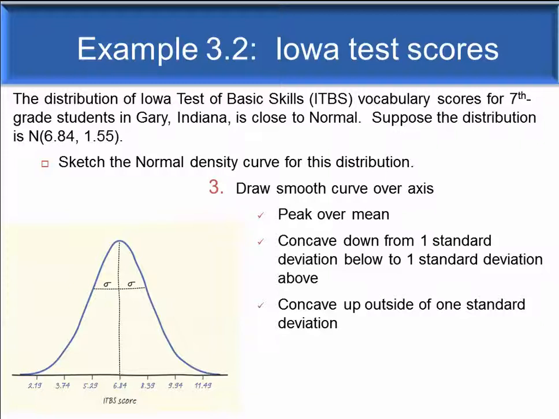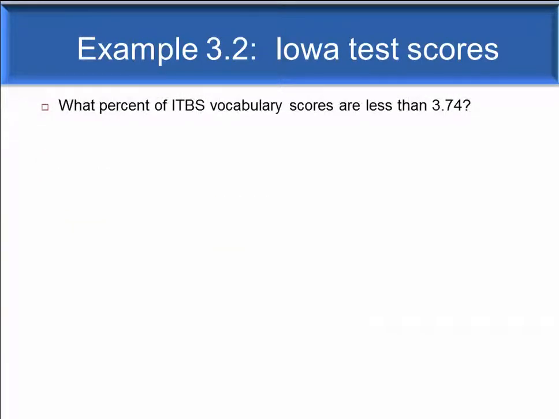So now this is giving us the general graph of our distribution, and we'll be able to apply this information to answer certain questions about the distribution. So for example, what if we wanted to know what percent of the vocabulary scores are less than 3.74?